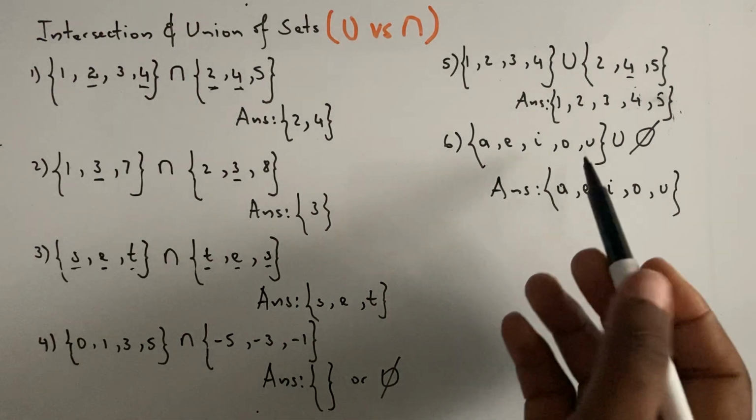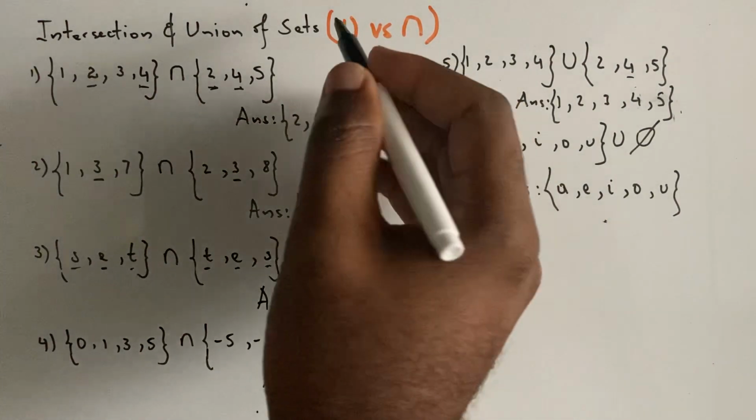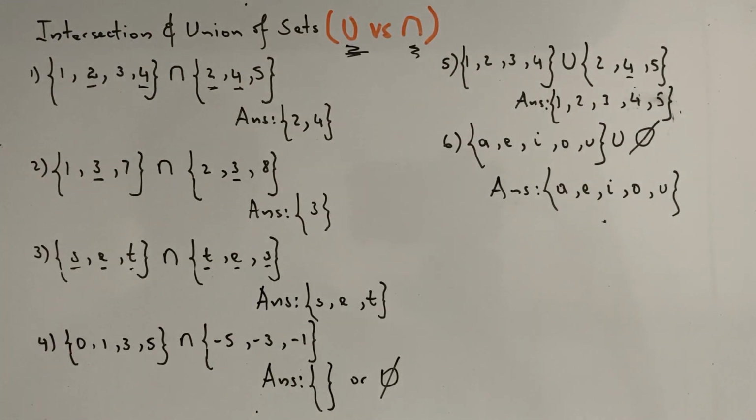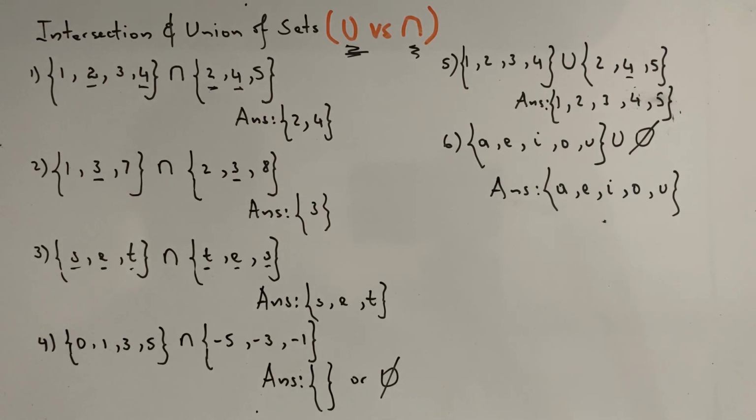So what I just covered is union and intersection. Intersection of sets means you just need to find what they have in common. And union of sets means you put things together without repeating what you have.